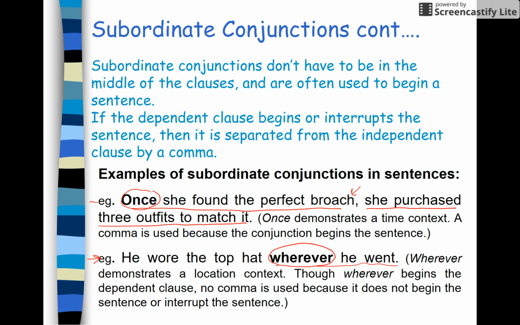Okay, this dependent clause doesn't interrupt the main idea, it comes afterwards, so we don't need a comma here. If we did put a comma there, it would sound a little bit funny. He wore the top hat wherever he went. We don't need a pause there.